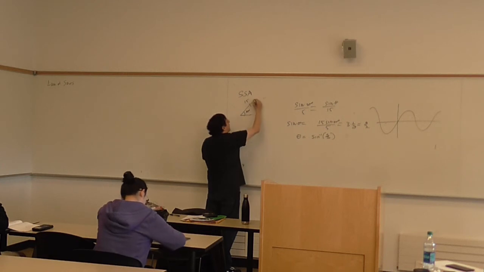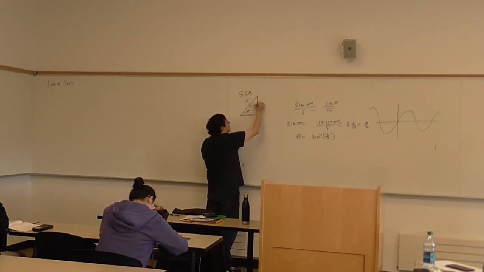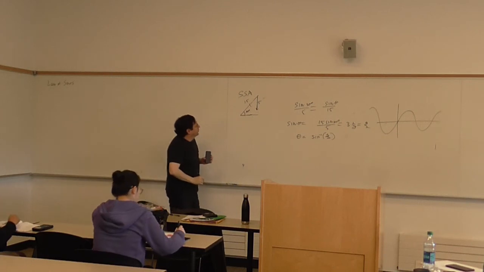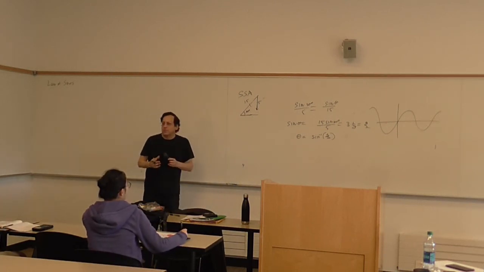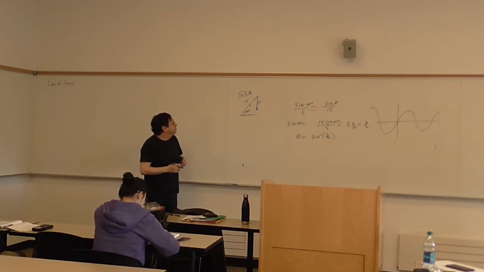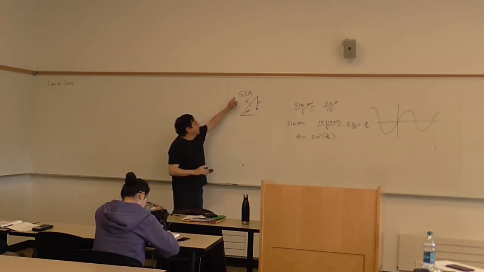If you took a ruler and tried to draw this, you'd find that this side of the triangle would never reach the third side. It's an impossible triangle. There's one more possibility here with SSA, right?